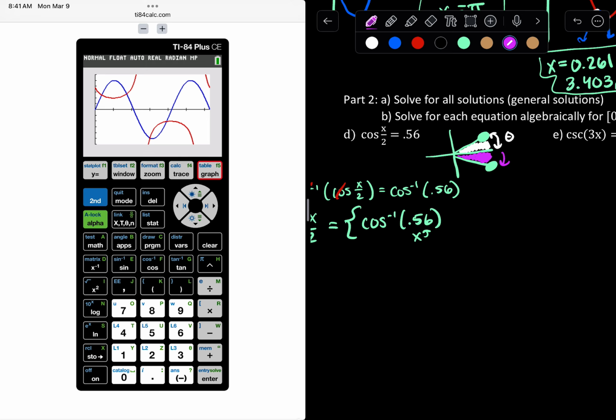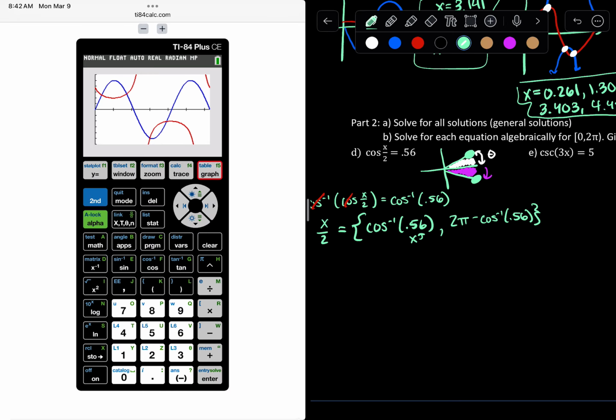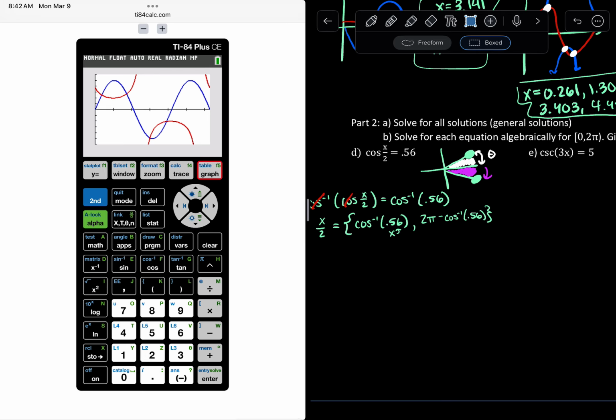So instead, I'm going to use my x-axis. My second angle is going to be 2 pi minus that slice because I'm in quadrant 4. And that slice is inverse cosine of 0.56. Now these occur every 2 pi because cosine is periodic. So I'm going to add my plus 2 pi k at the end.